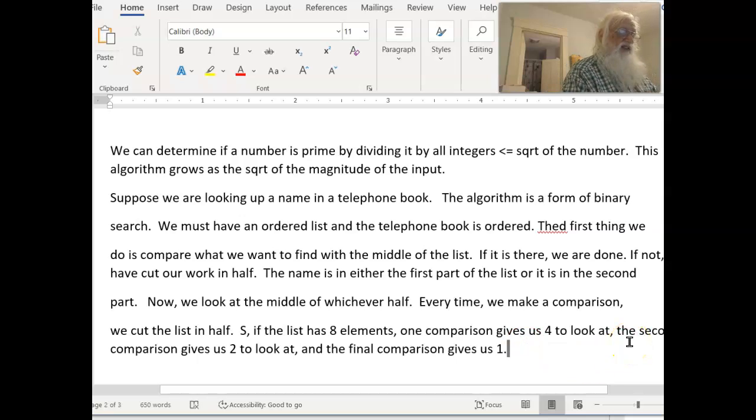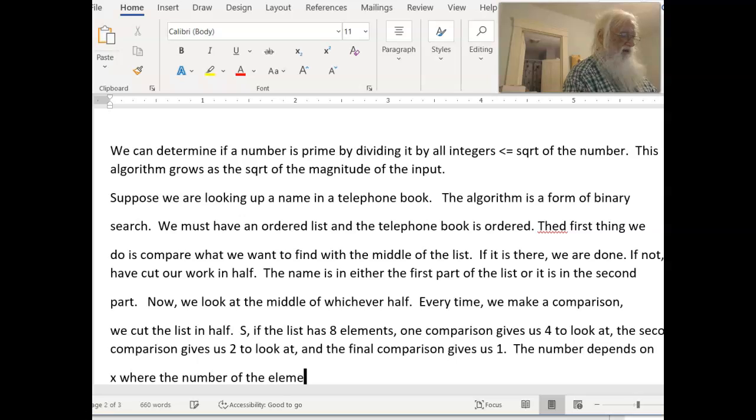And really the way we're doing this, the number depends on X, where the number of elements in the list is 2 to the X. This X is the log to base 2 of n.